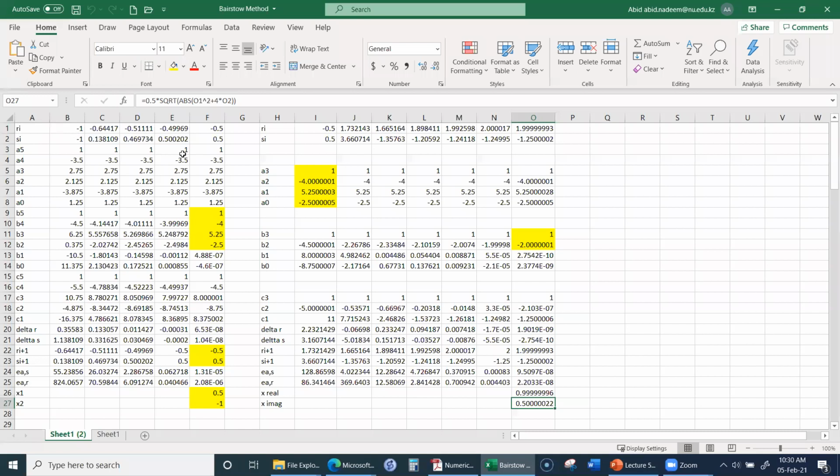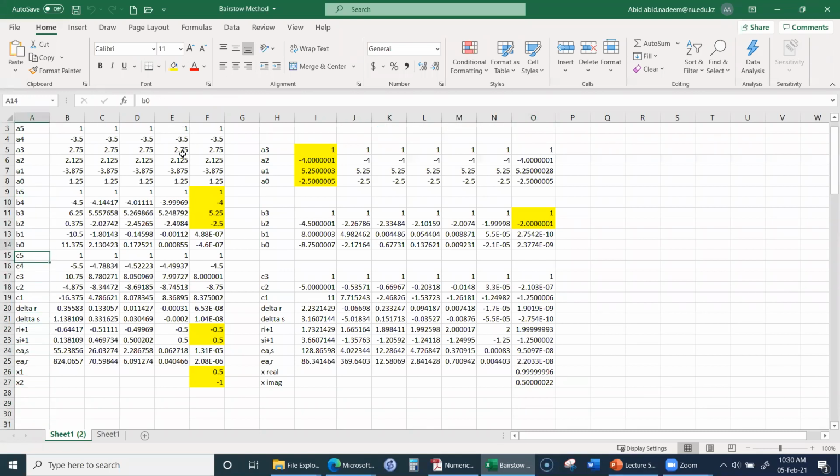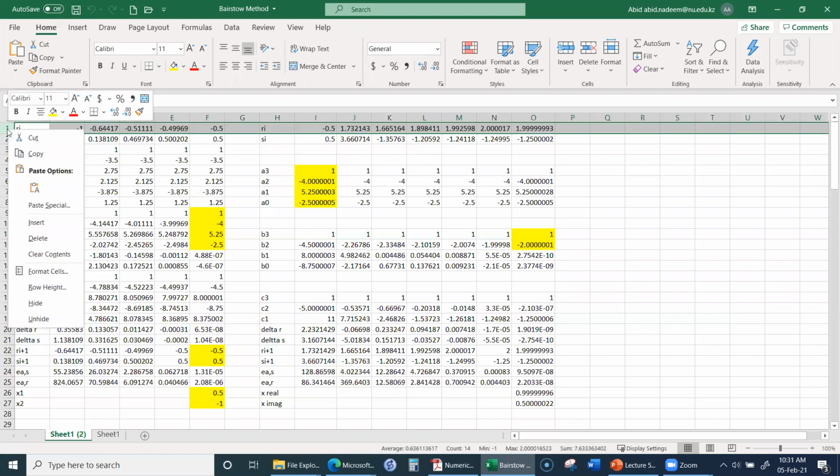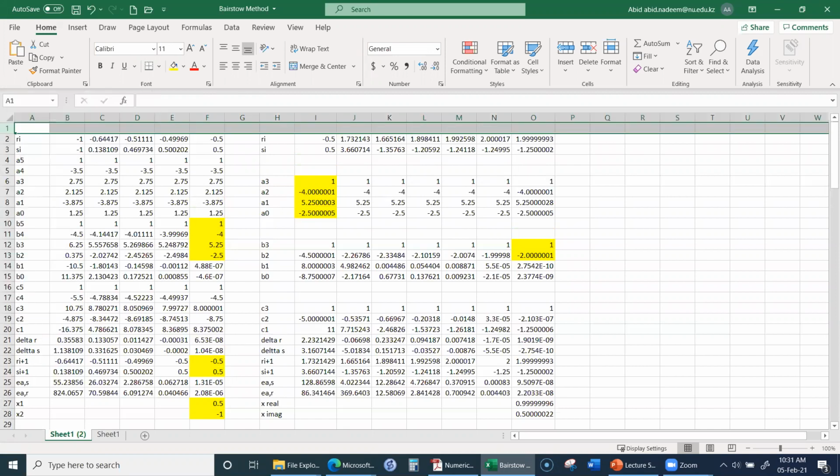So in this case, first of all, I have set up these variables in column A, starting from R and S. So in this case, initial values of R and S were -1 and -1. Remember that our equation was this.